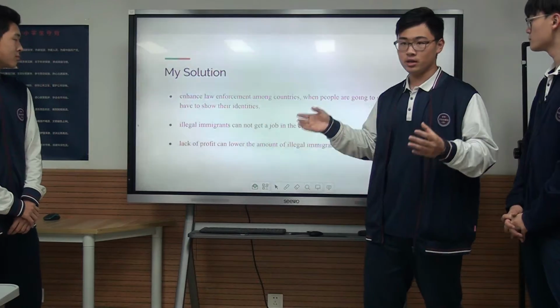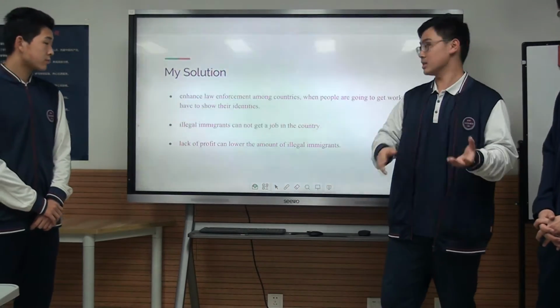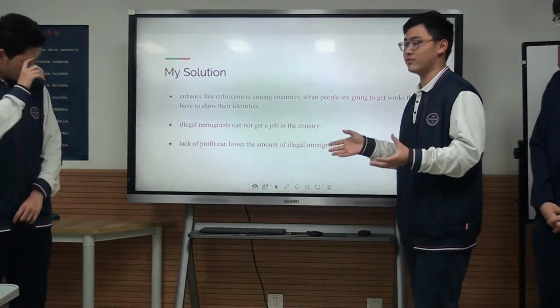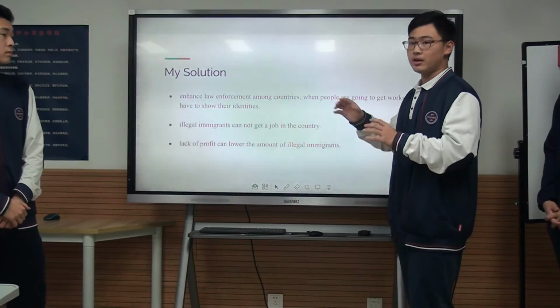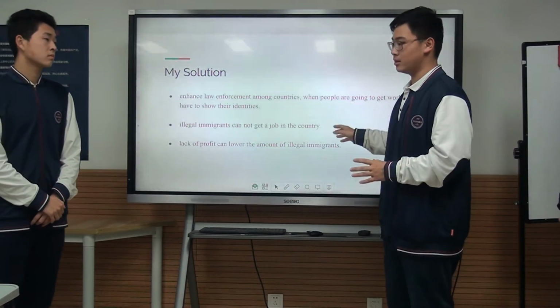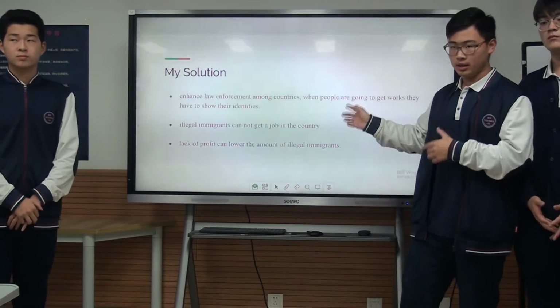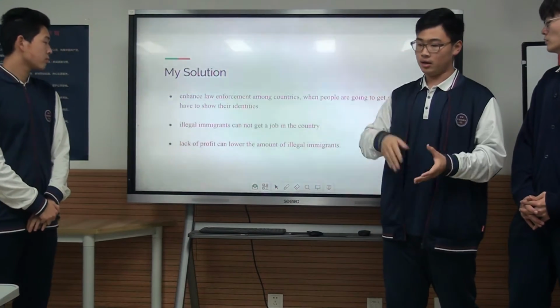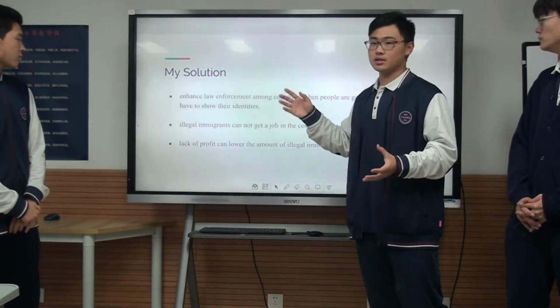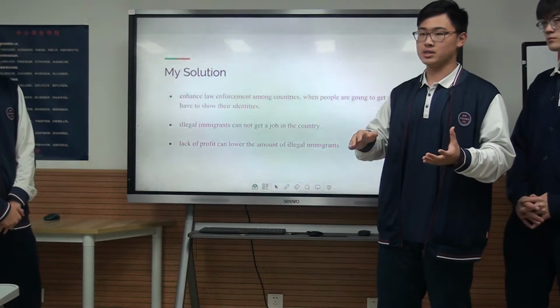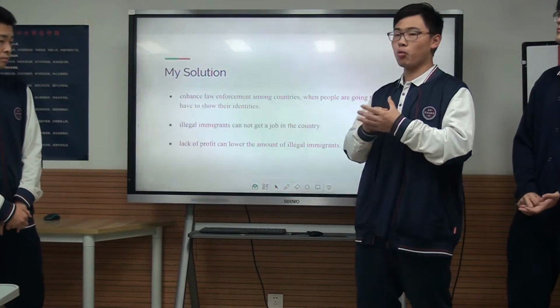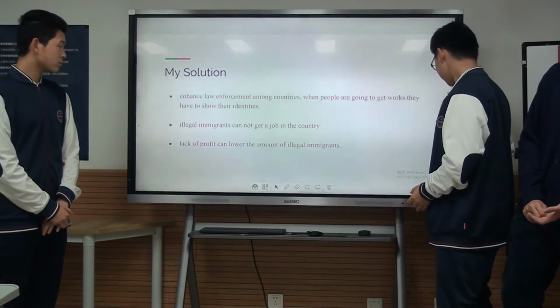The illegal immigrants don't have, for example, in the last example, illegal immigrants from Mexico to the US don't have US identification. And if they don't have that identification, then they can't find a job in the US, then they're not going to make any money. So they're going to stop immigrating illegally. But this is not going to solve the problem from its source, and it's just going to cause more people to be in poverty, and it's going to cause even worse problems in the world.